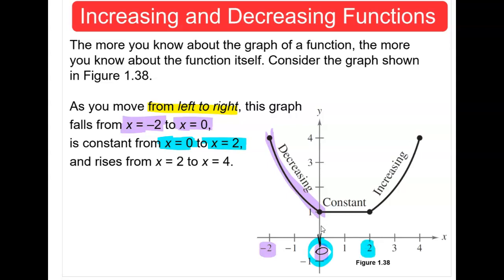The graph is constant. It's horizontal. It's not decreasing nor increasing. And then finally, for x equals 2 to x equals 4, the graph is actually increasing.